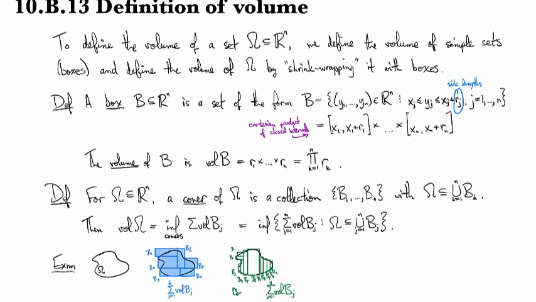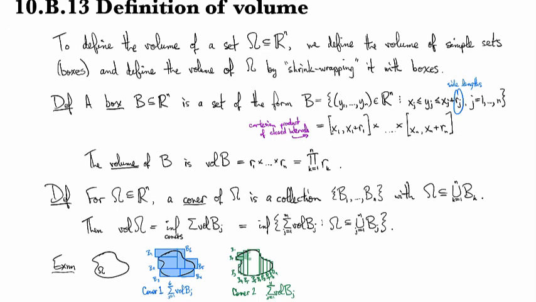Here's my cover number 2, and here's my cover number 1. With cover 2, the green region is much more accurate, much closer to the actual measurement of omega. I've overshot very little because I'm choosing my boxes more accurately.